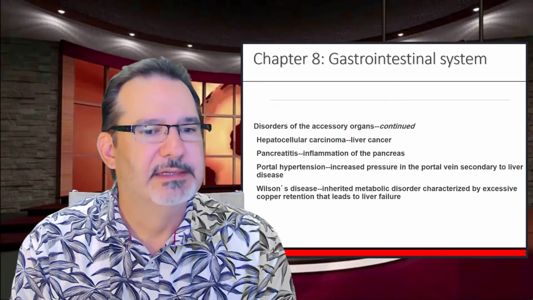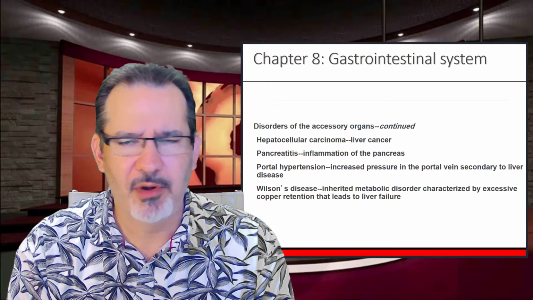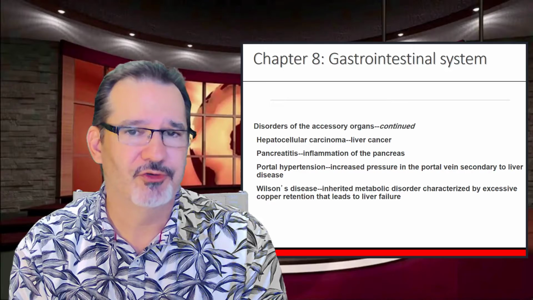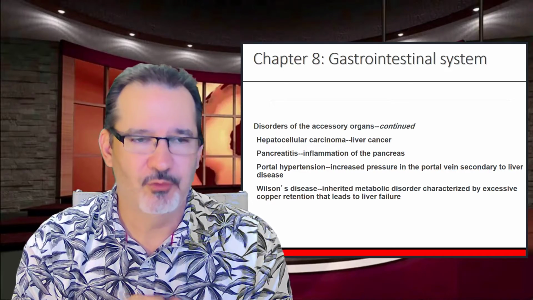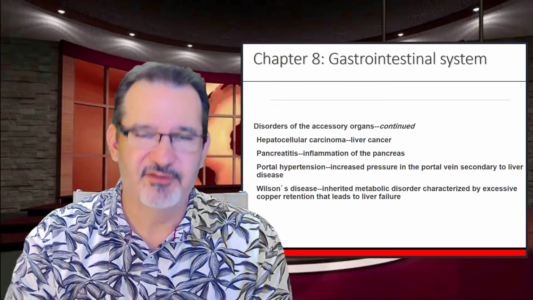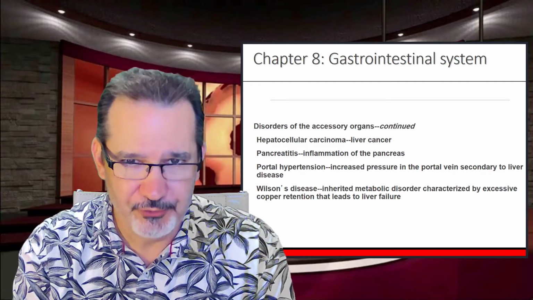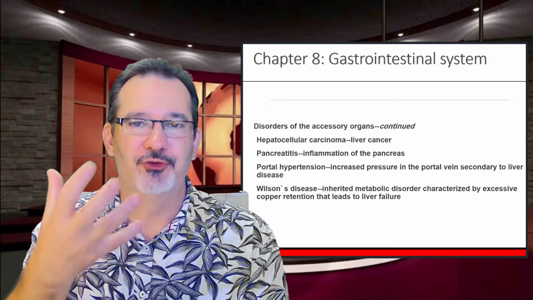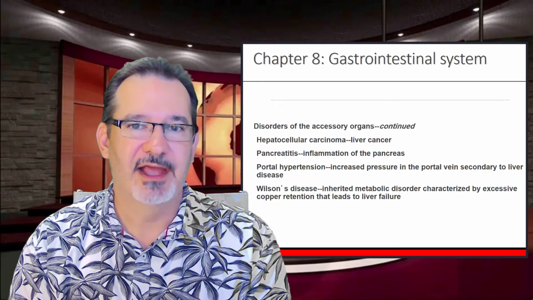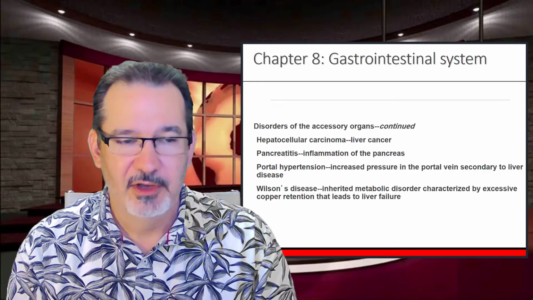Okay, let's see. Pancreatitis, out of these disorders, probably the most common that I have seen personally, inflammation of the pancreas. Again, this is one of those things where oftentimes patients have to figure out what triggers their pancreatitis. It oftentimes is related to food products that can cause acute bouts of pancreatitis.